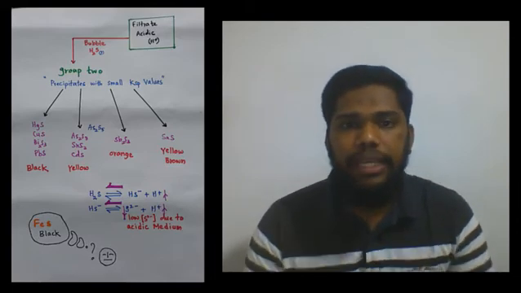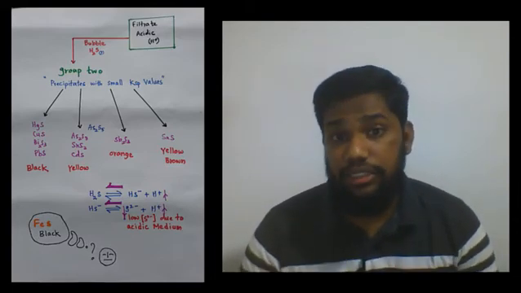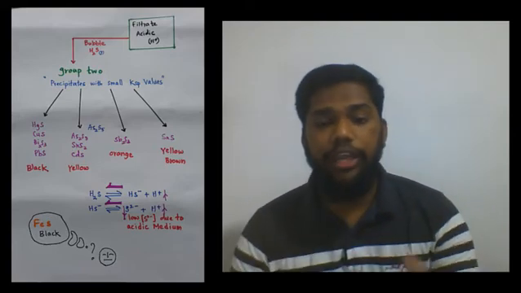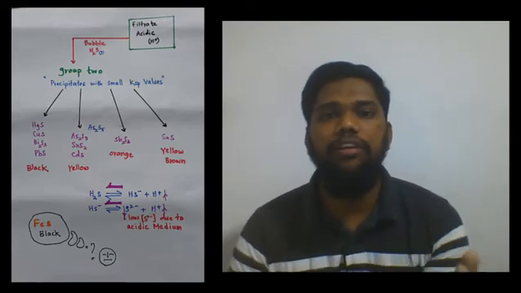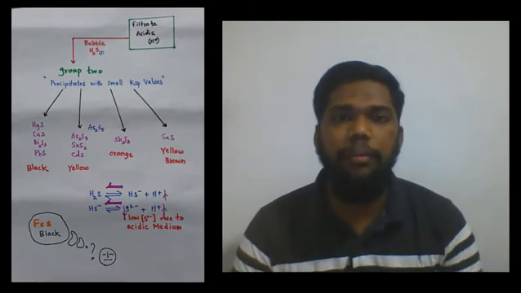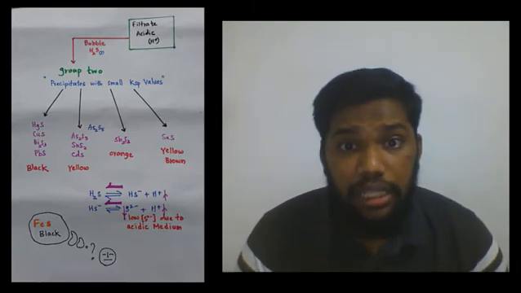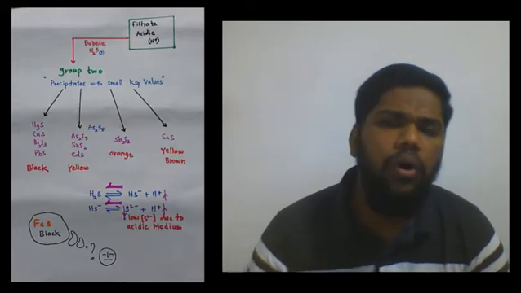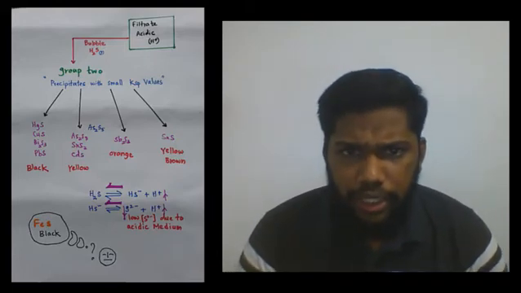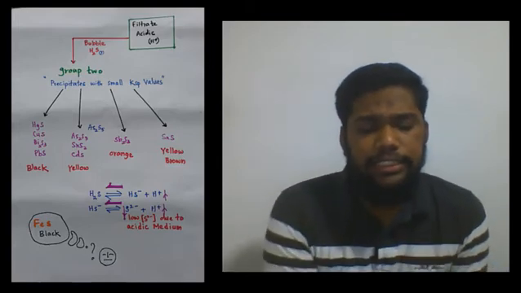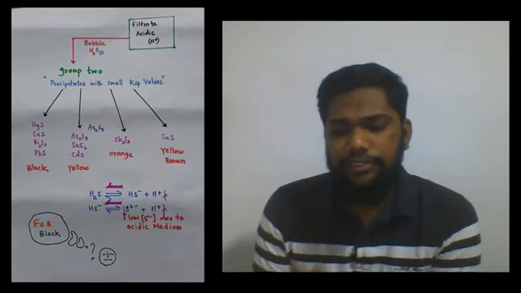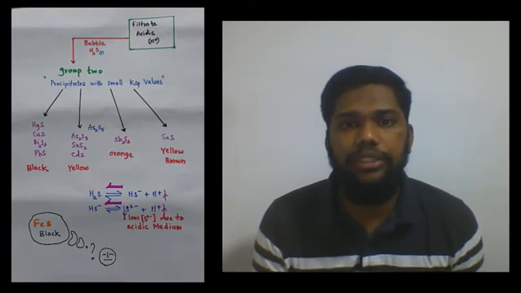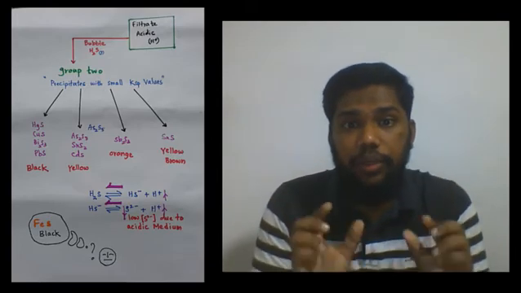At constant temperature and under certain conditions, the speed of the forward reaction and the speed of the backward reaction can be equal, right? In that case the concentration of the reactants as well as the products will not change, because now it is in equilibrium.